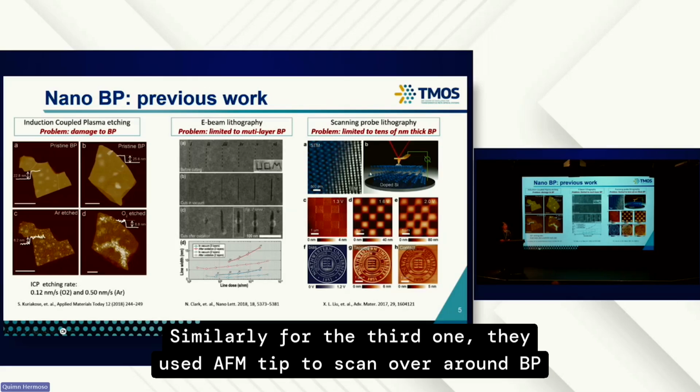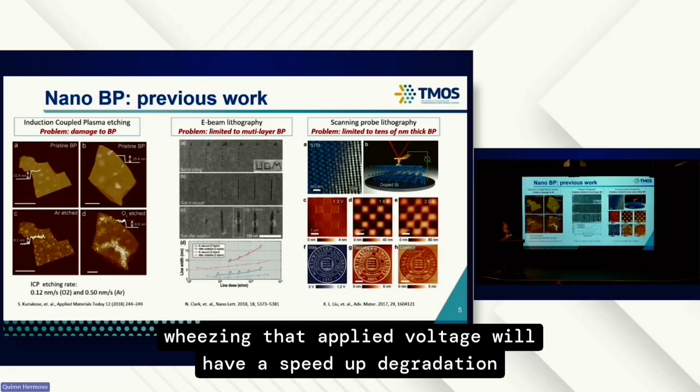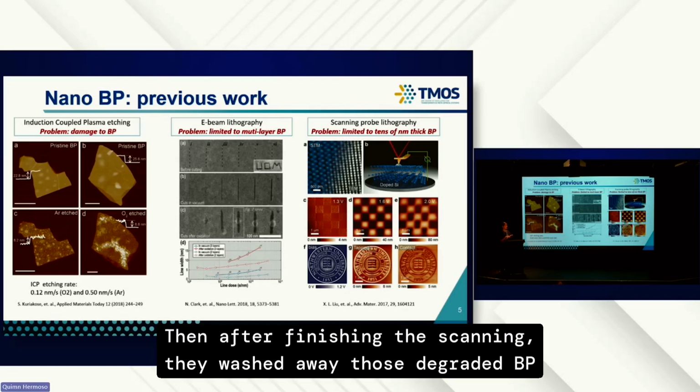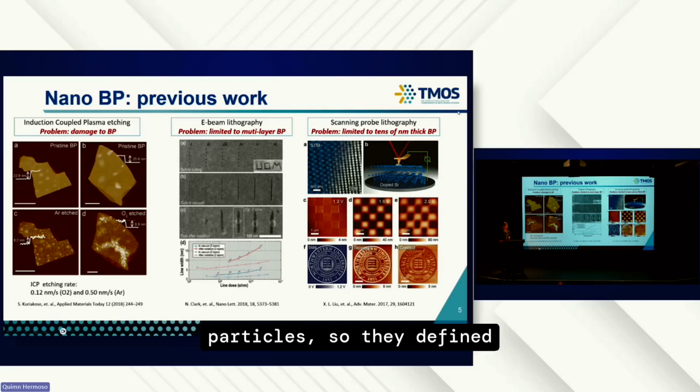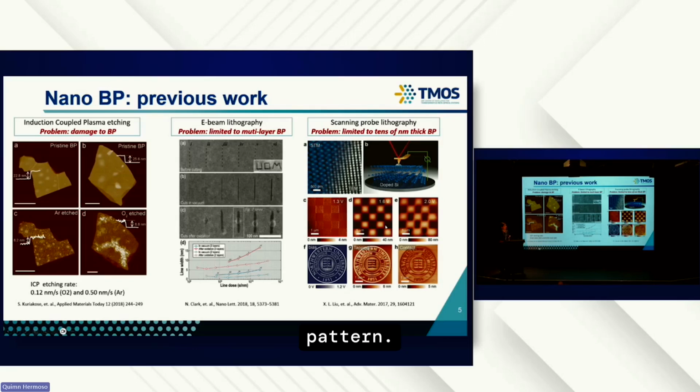Similarly, for the third one, they use an AFM tip to scan over a BP region, and by applying a certain voltage through the AFM tip, the BP within that area has a sped-up degradation process. Then, after finishing the scanning, they wash away those degraded BP particles, so they can create a defined structure like this checkerboard pattern.